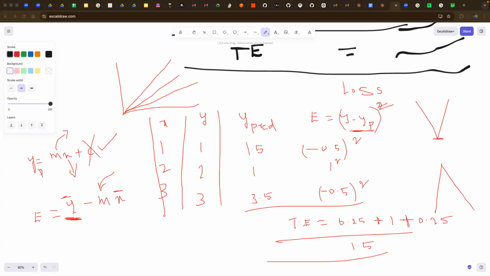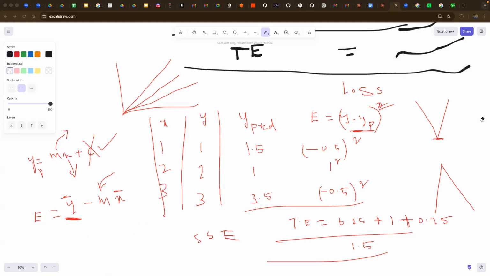Rather than total error, it is better to call it SSE, sum of squared errors. So this we will use, and the curve of the loss function may look parabolic, which is smooth. It is differentiable at each and every point.